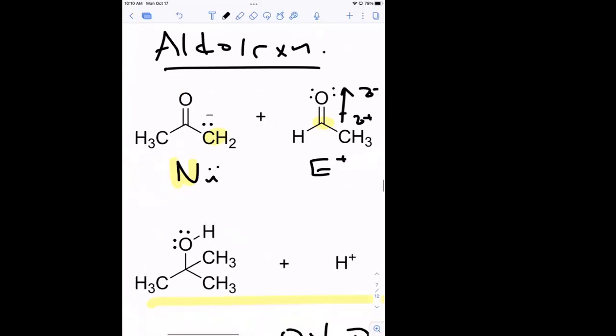All right. So now we can just put the arrows in. So what would the arrow look like in this case? Nucleophile attacking electrophile.